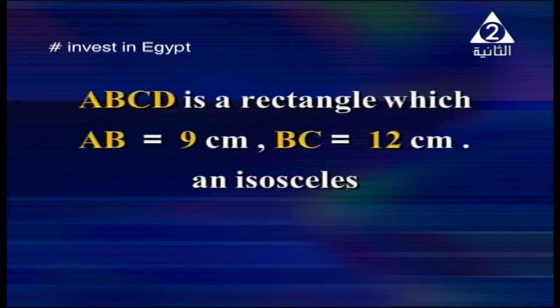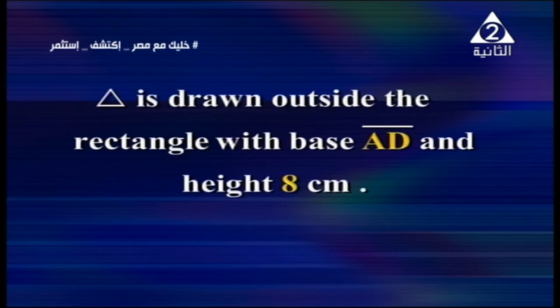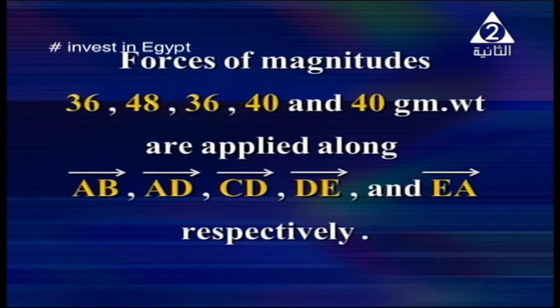Look at, my dear student, another example. ABCD is a rectangle in which AB is 9 centimeter, BC equals 12 centimeter. An isosceles triangle is drawn outside the rectangle with base AD and its height 8 centimeter.